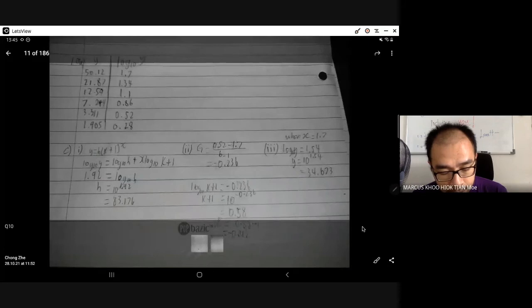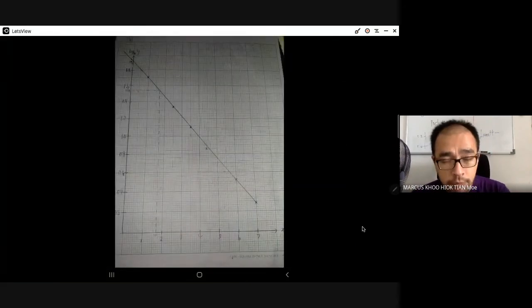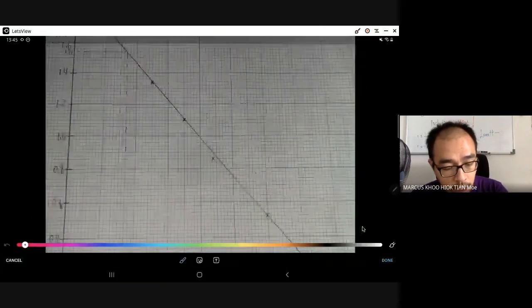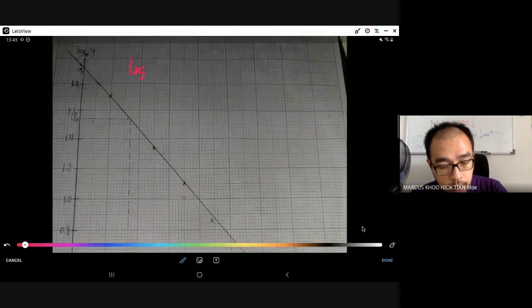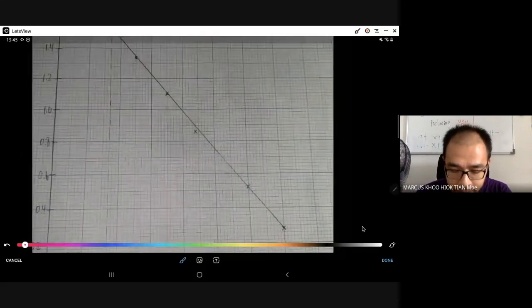For example, in Chongzhe's case over here, the gradient is 0.236. The c is 1.92. So even if you don't know what to do after this, just put it into the equation. Our y-axis is log 10y. What is my gradient? 0.236, I think. What is my x-axis? Look at the x-axis.